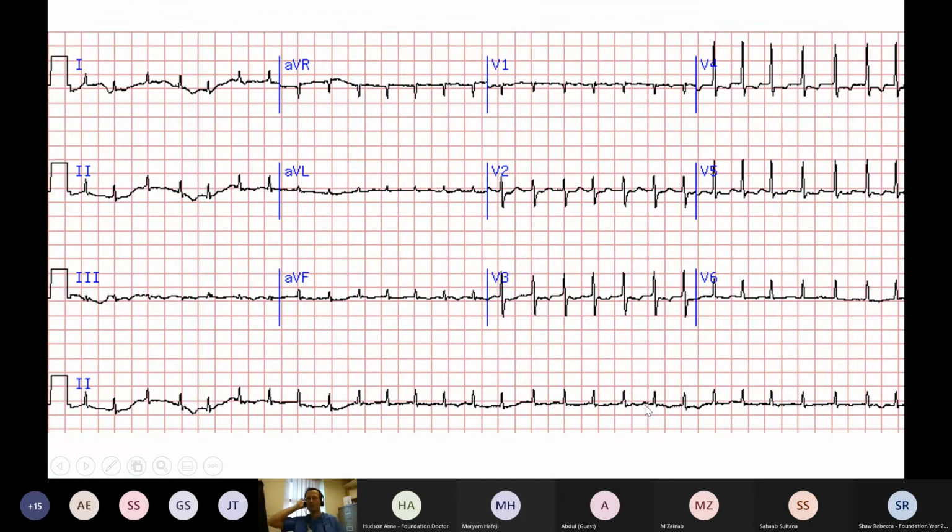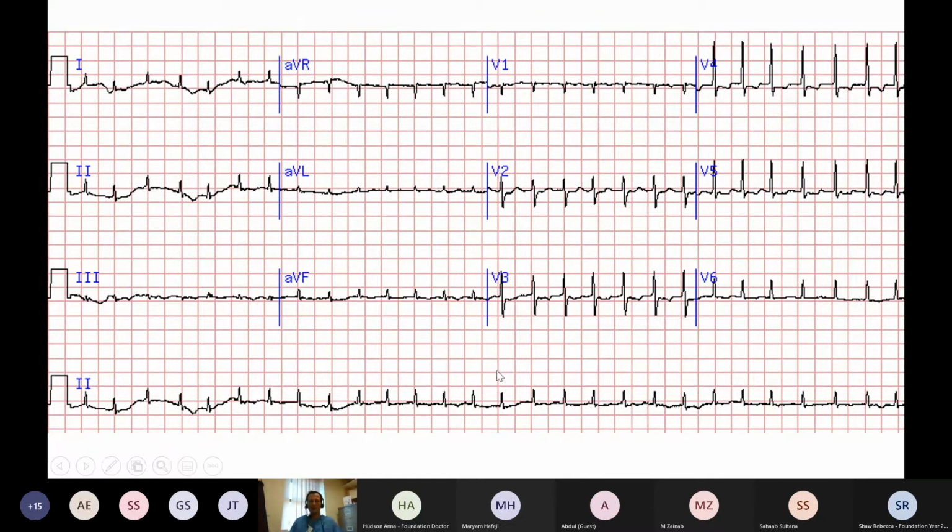So what about this one? Do you think this is atrial fibrillation, or do you think this is a sinus tachycardia? So don't all shout at once.